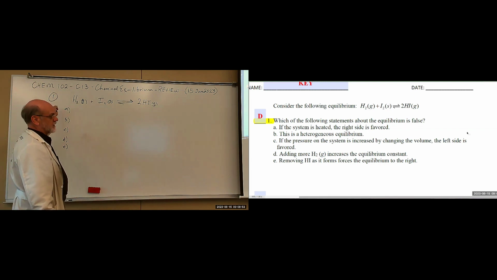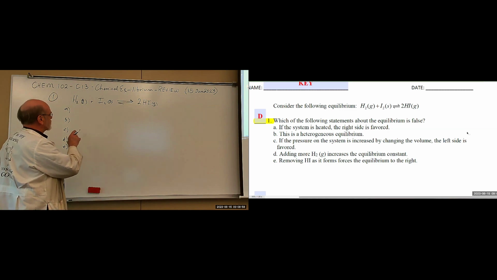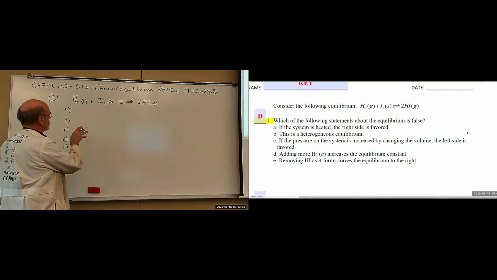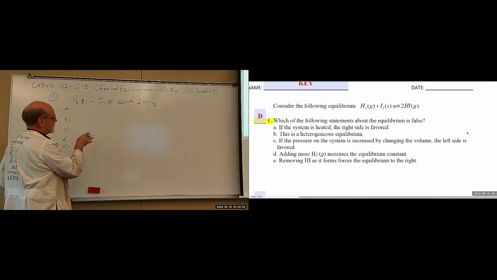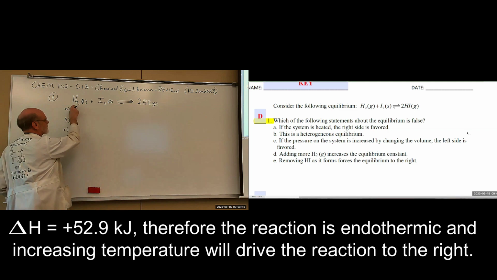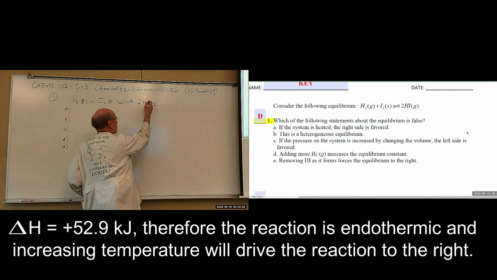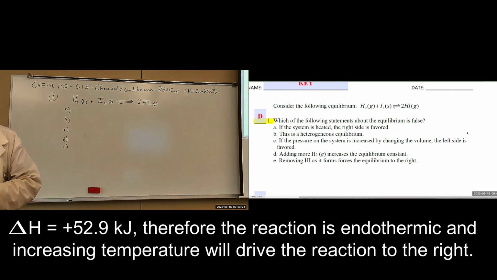If what type of reaction do we think this is? If it's hydrogen gas and iodine solid, we have to break a bond here, we have to break a bond here, and we get 2 bonds back here. Right. Nothing comes to mind.